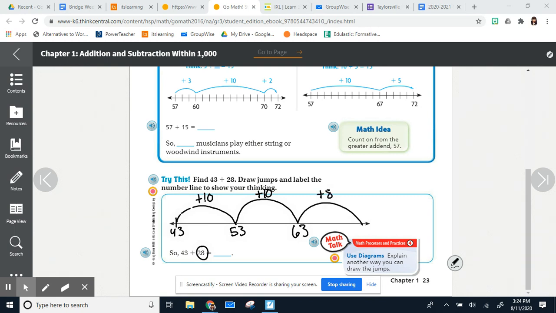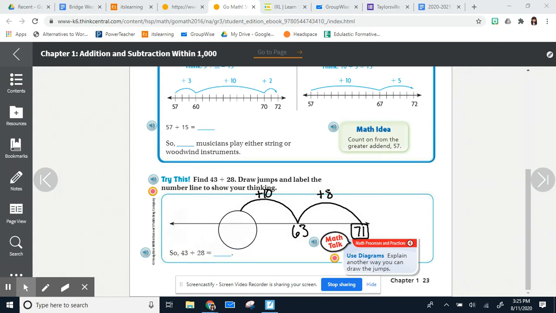So notice how the numbers across the top that I'm adding, 10 plus 10 is 20, 20 plus 8 is 28. All right, so 63 plus 8 will get me 71, and that's going to be my answer. So 43 plus 28 is 71.